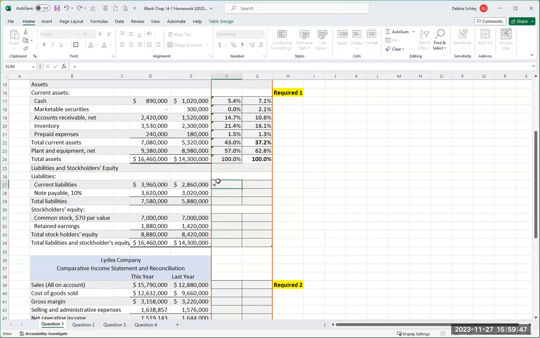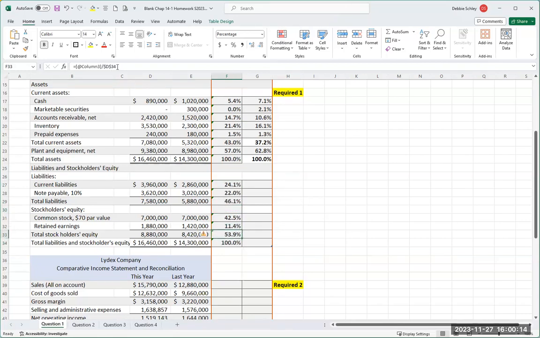So this one equals current liabilities divided by total liabilities and equity. I'm going to anchor that cell. Let's see what Excel does to me this time. I'm going to delete that one because there's no data in that one.